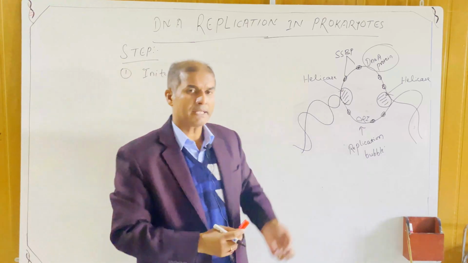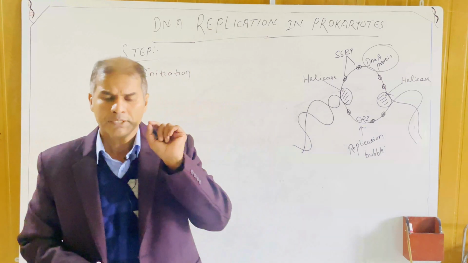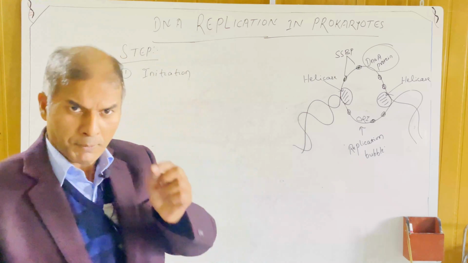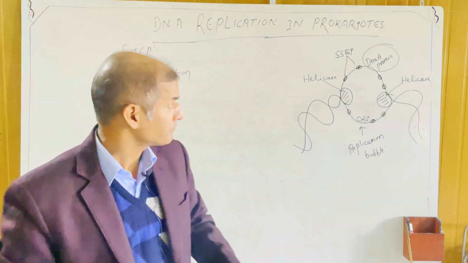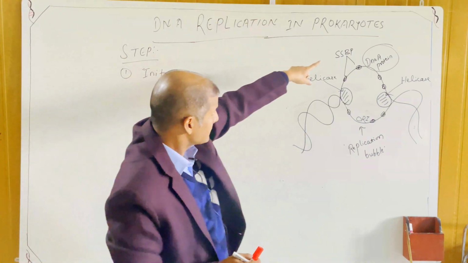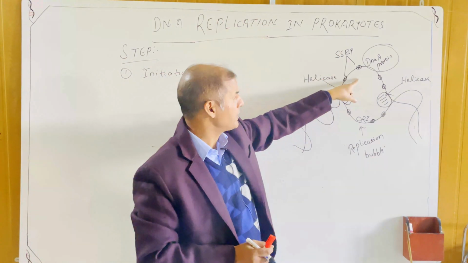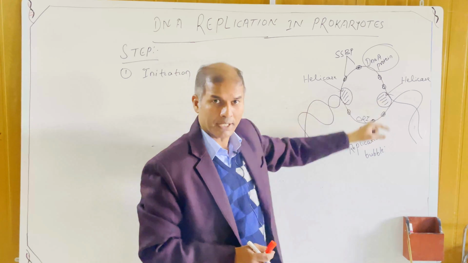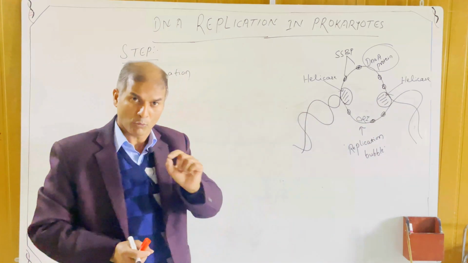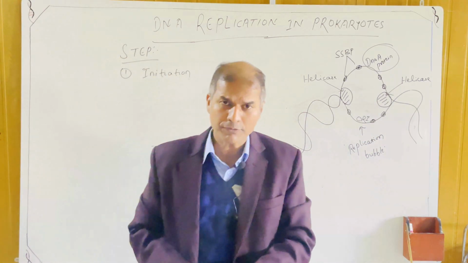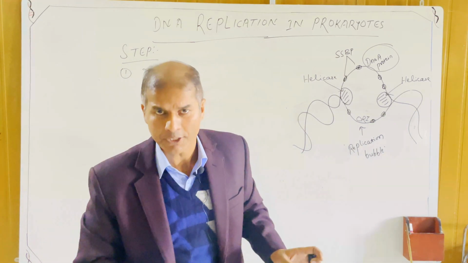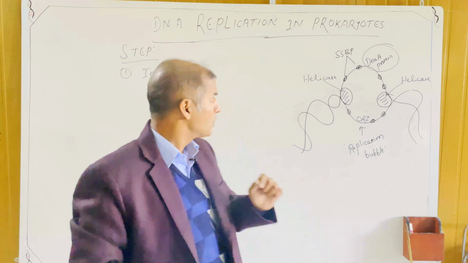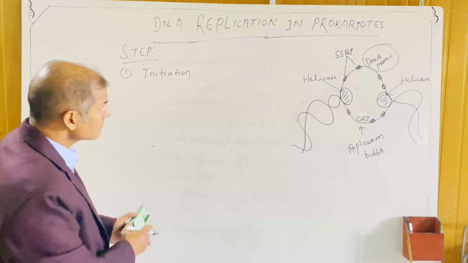The role of single strand binding protein is that it makes the single strands more rigid. Once it binds at the single strands of DNA, that prevents the re-annealing of single-stranded DNA.